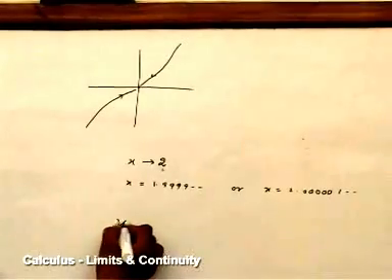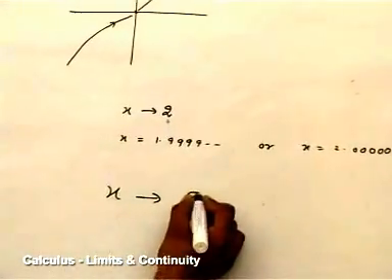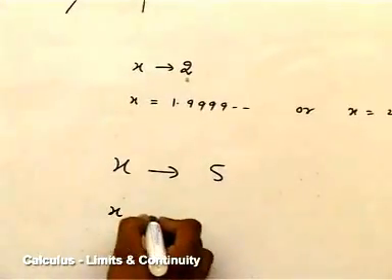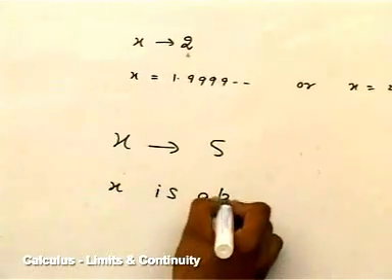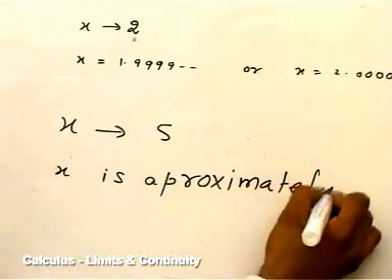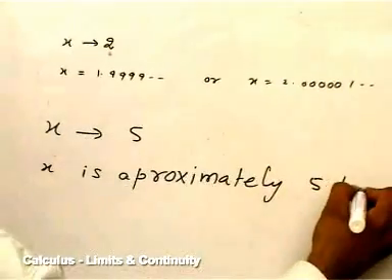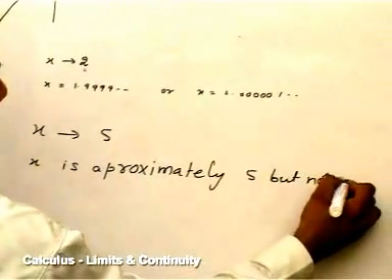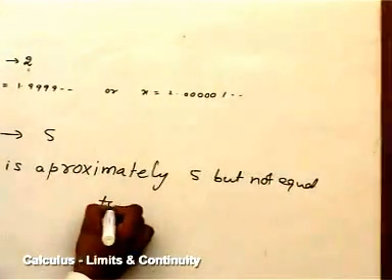For example, x approaching 5 would mean x is approximately 5, but not equal to 5.